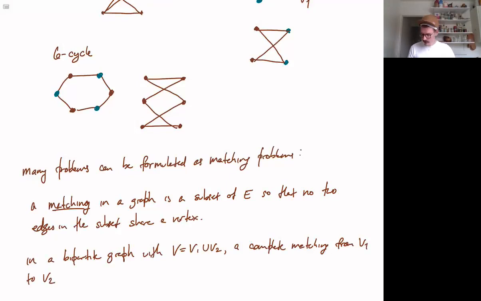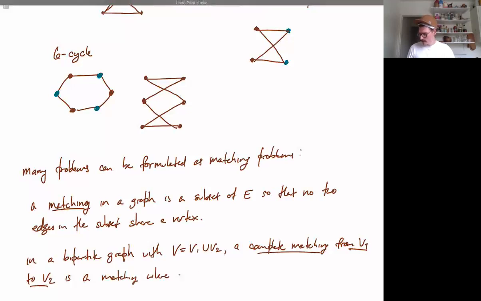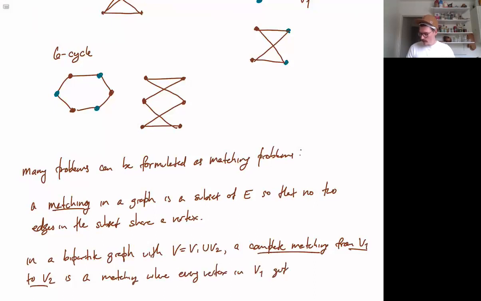A complete matching from V1 to V2 is a matching where every vertex in V1 gets matched.